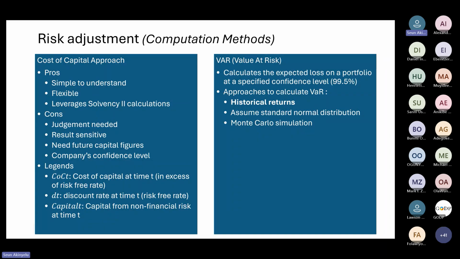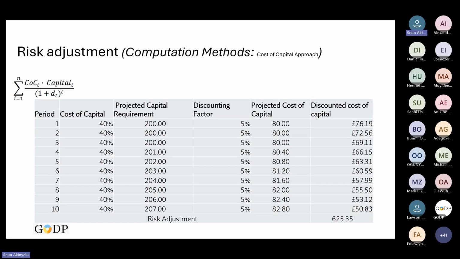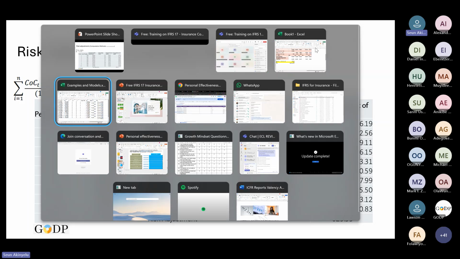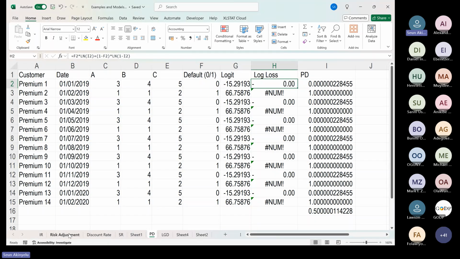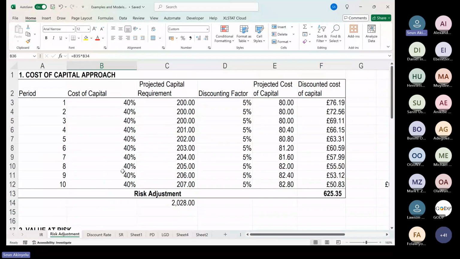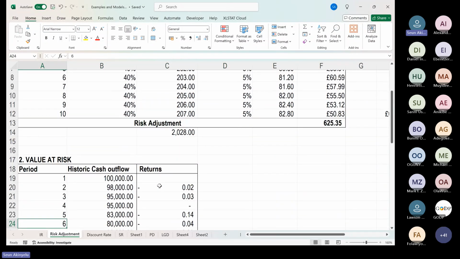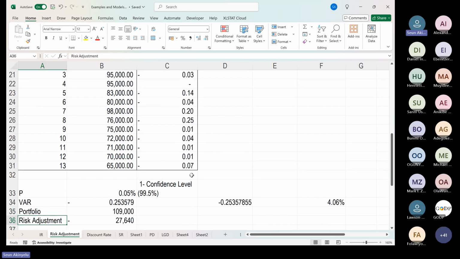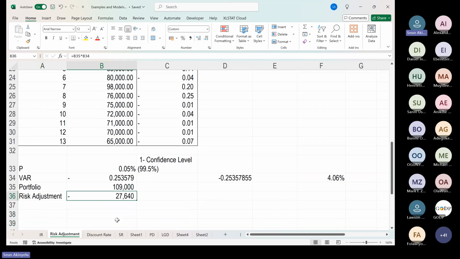I prepared calculations for them, and I don't want to bore you too much with my calculation so that you will not run away. However, I have also calculated examples here for whether you are doing the cost of capital approach or the value at risk approach. So you can use either of the two approaches and you will be able to calculate your risk adjustment.